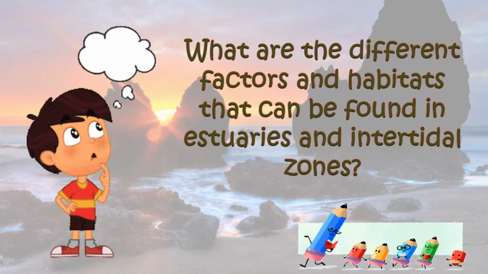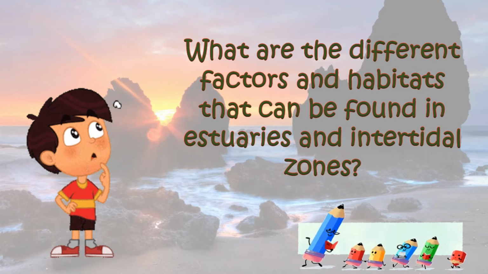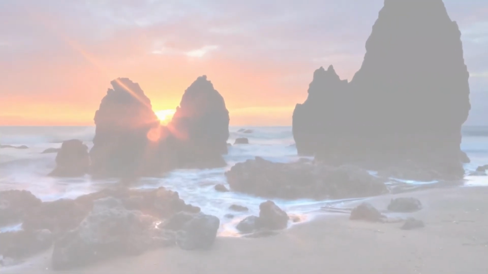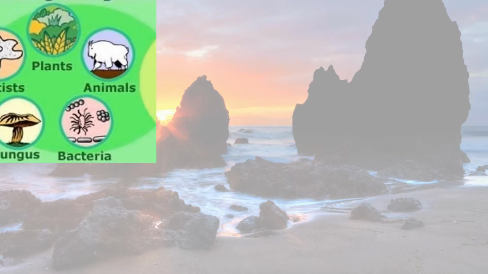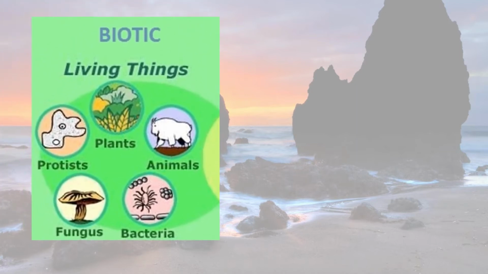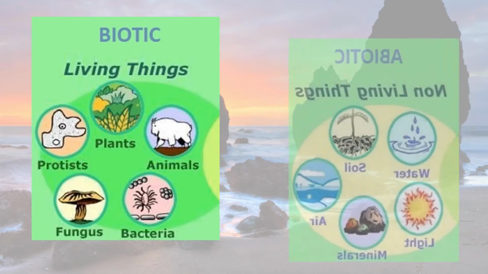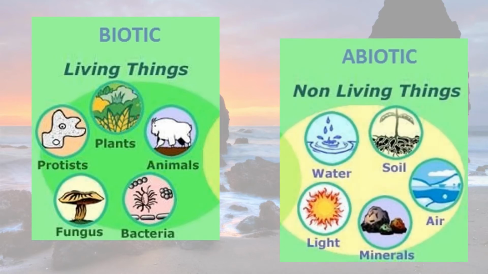Let us now find out what are the different factors and habitats that can be found in estuaries and intertidal zone. The two factors are the biotic factors or the living things and the abiotic factors or the non-living things.